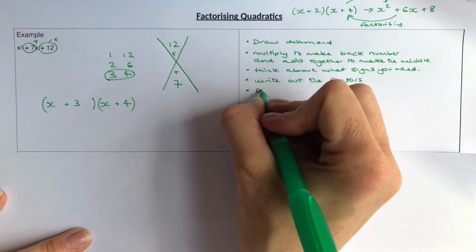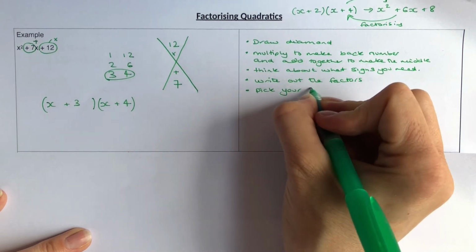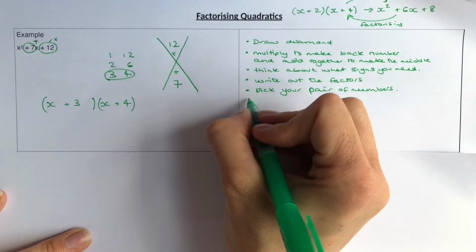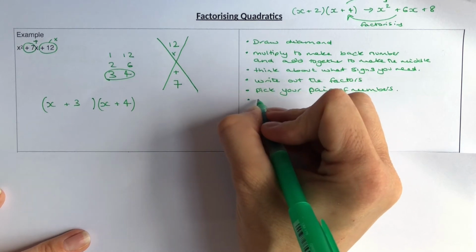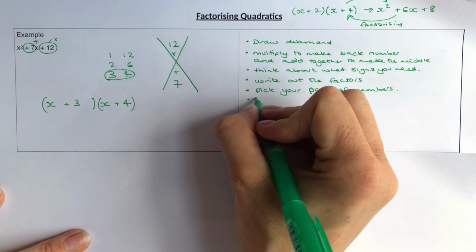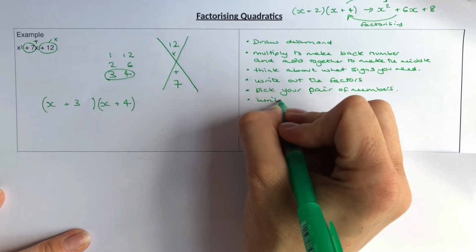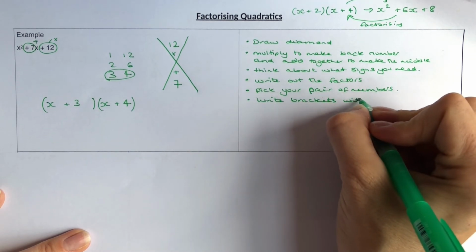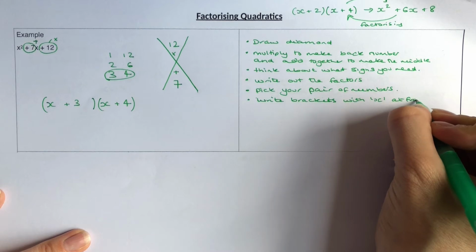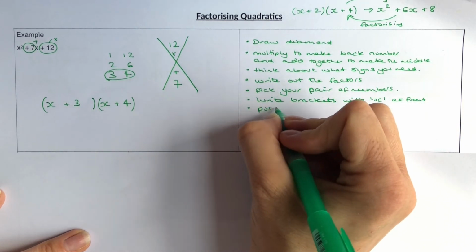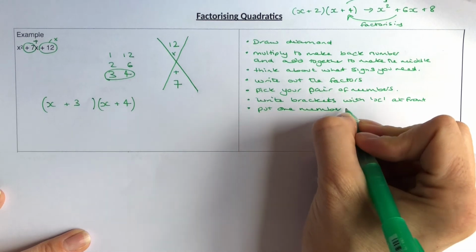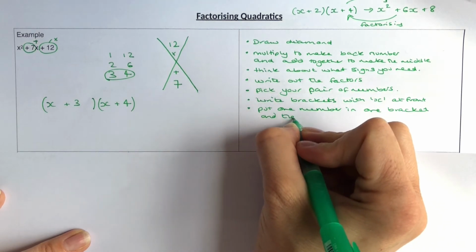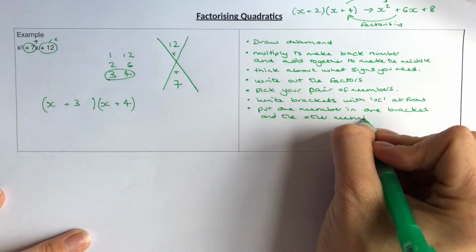And then pick your pair. Okay, once you've done that, let's draw our brackets first, with x at the front, and then put one number in one bracket and the other number in the other bracket.